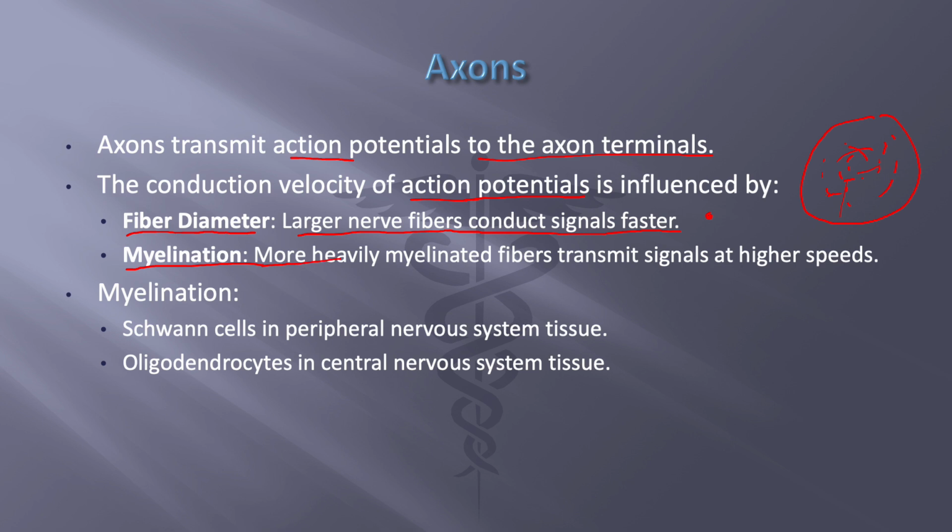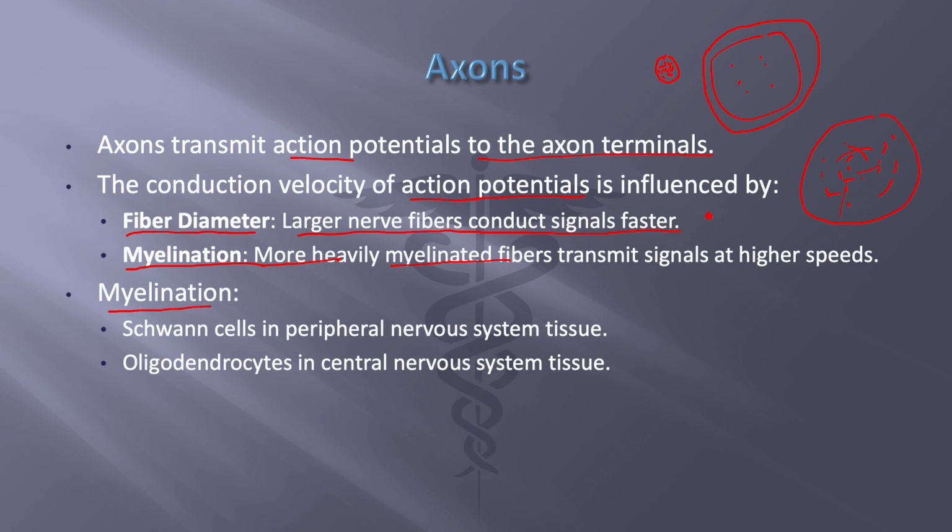So the myelination, the more heavily myelinated fibers transmit signals at higher speeds. So when we think about isolating this energy inside the nerve and allowing it to be transmitted efficiently, okay, and not be affected by outside environmental changes, we have this big, thick myelin sheath on some of these nerves, and it allows that electrical impulse to travel quicker and more efficiently.